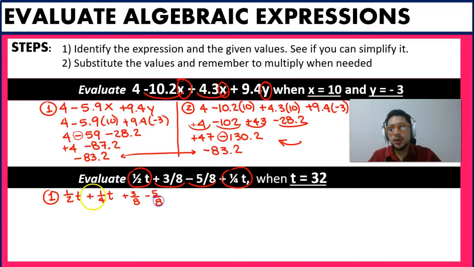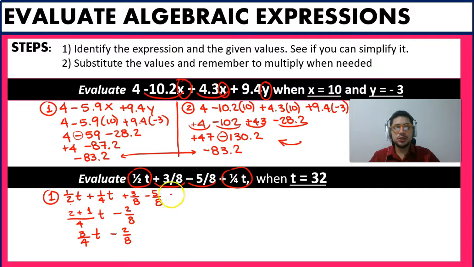So 1/2 plus 1/4: we're going to get our common denominator, which is 4. 4 divided by 2, 2 times 1 is 2, plus 1 t. So in this case, that gives us 3/4 t. And then 3 divided by 8 minus 5 divided by 8 is going to give us minus 2 divided by 8.